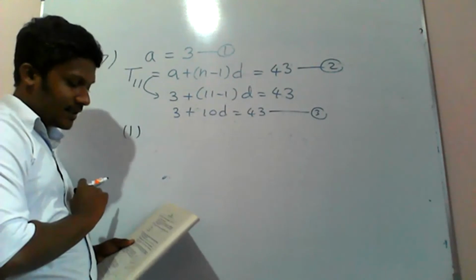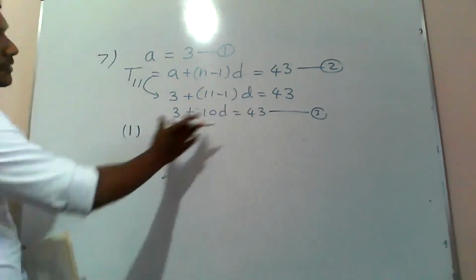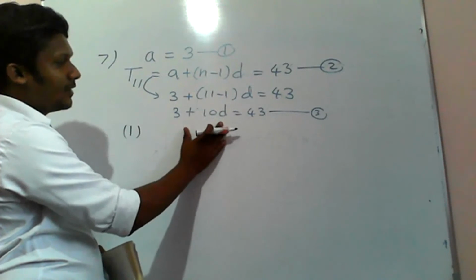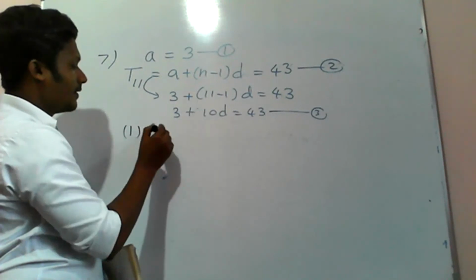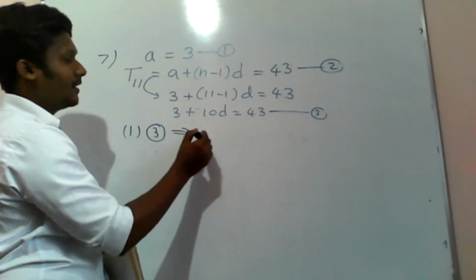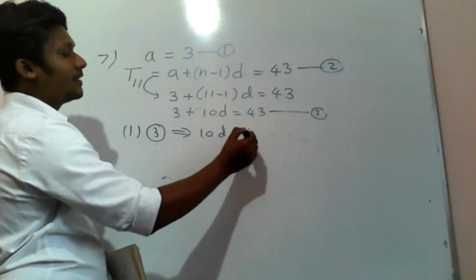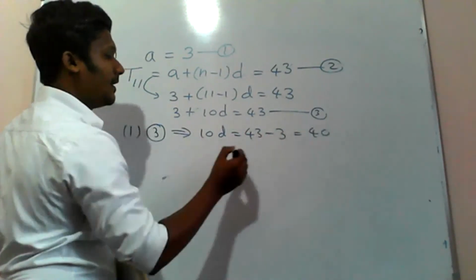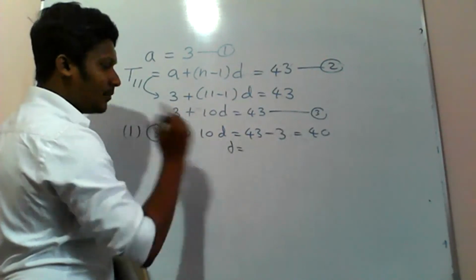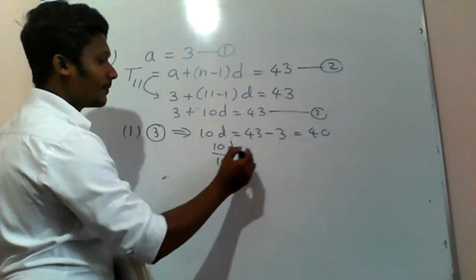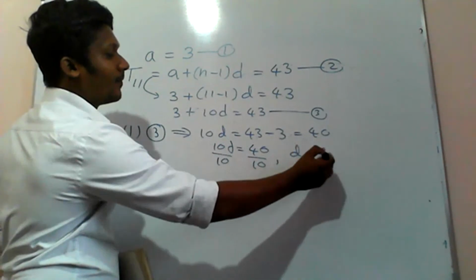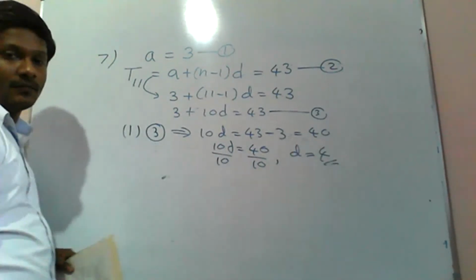Show that the common difference is 4. Solve for d now. We can find d using the third equation. Using the third equation, 10d equals 43 minus 3, so 40. Then d equals, divide both sides by 10, d equals 4.